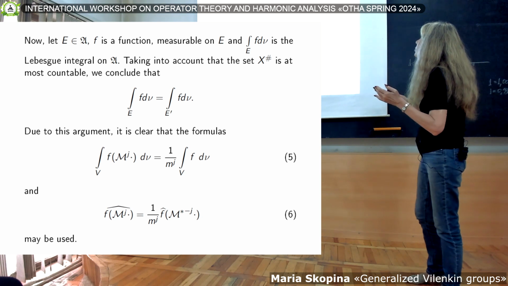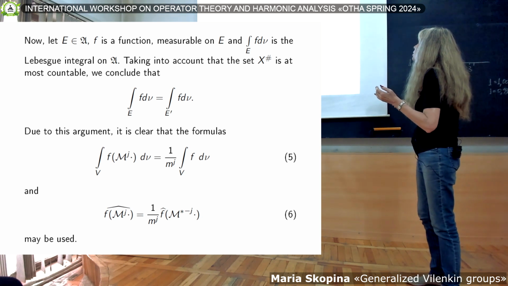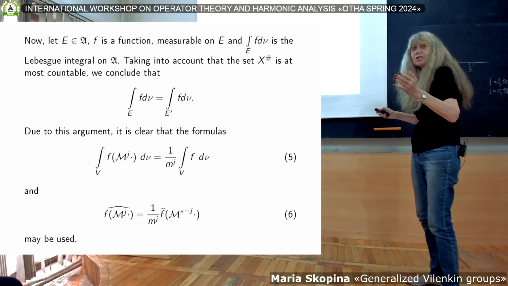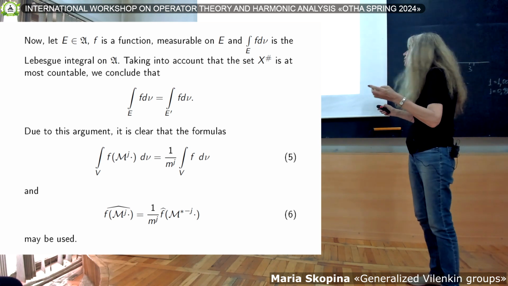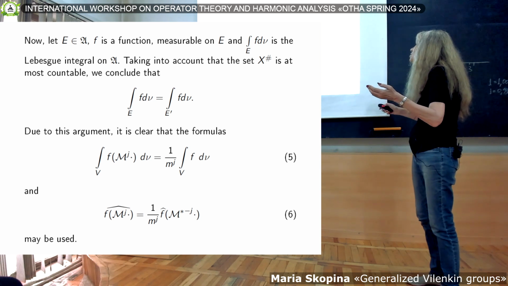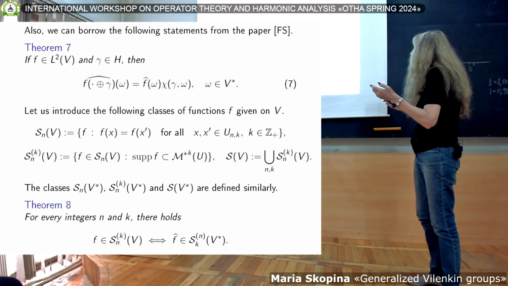For example, what is this? This is the change of variable. We can change variables in Euclidean space with respect to the measure. And here it is not clear, but everything may be written.